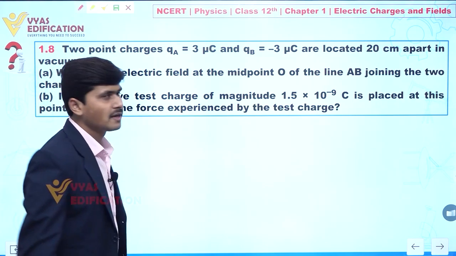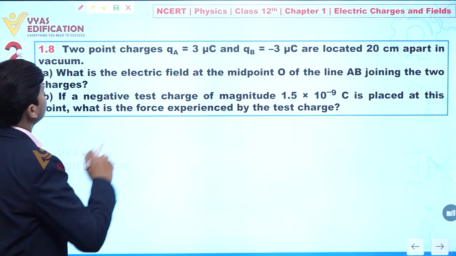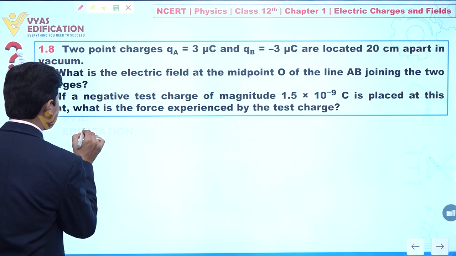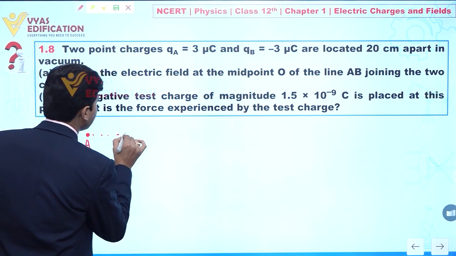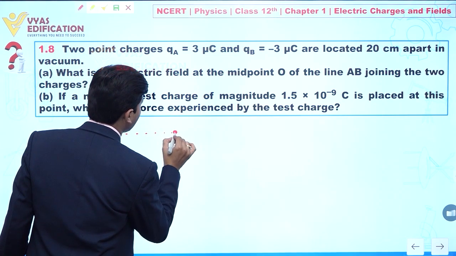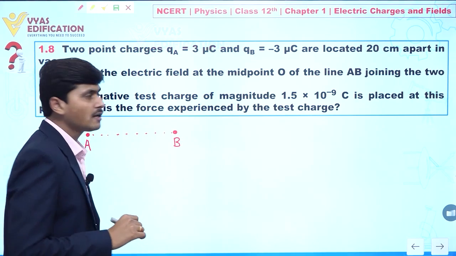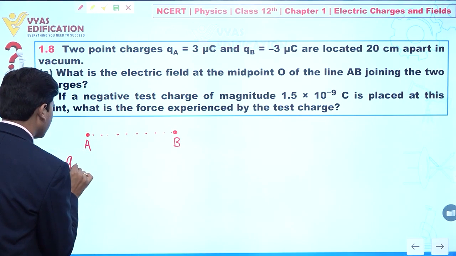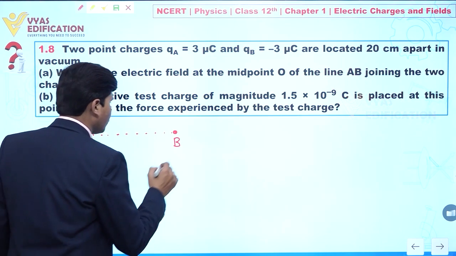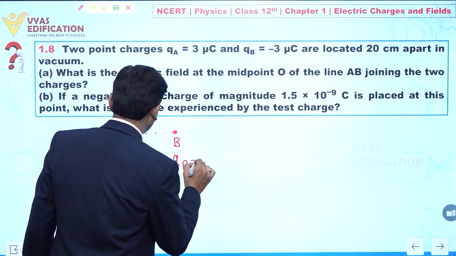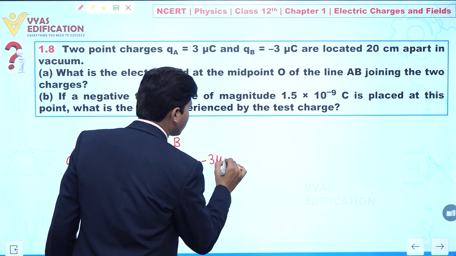In this question we have 2 point charges. Let's suppose this is point charge A, and here we have point charge B. The value of QA is given as plus 3 microcoulomb, and the value of QB is given as minus 3 microcoulomb.